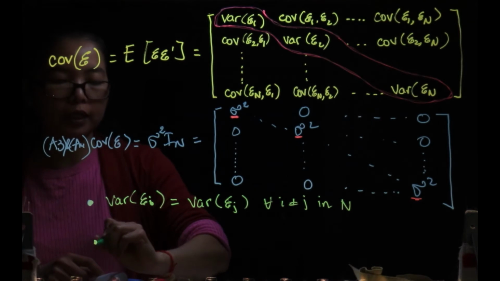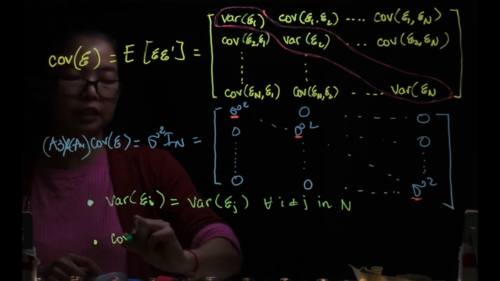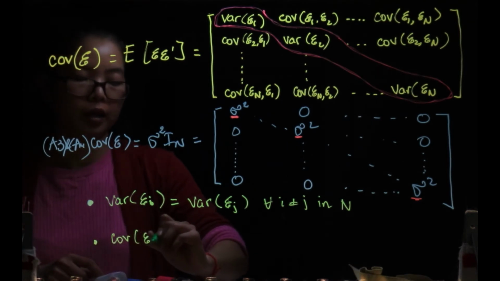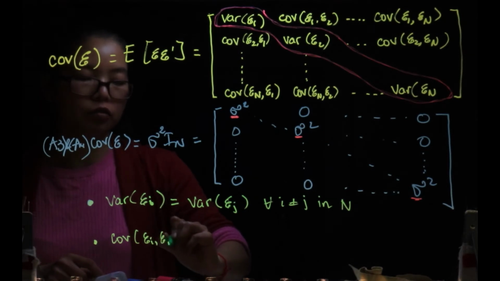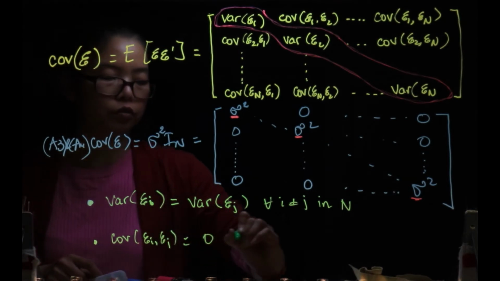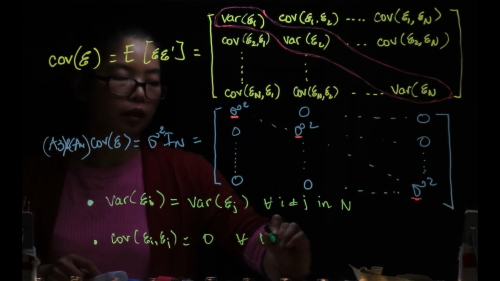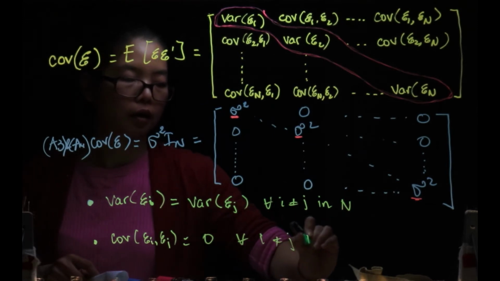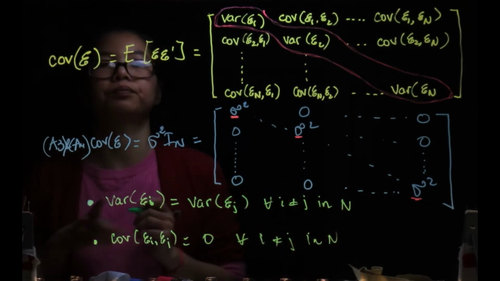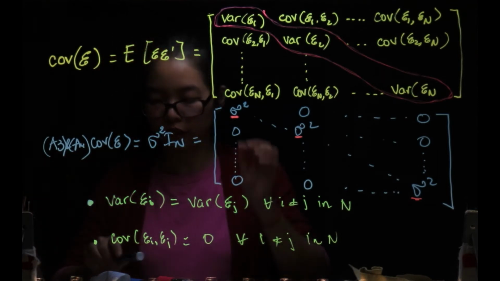And the second one is the covariance of epsilon i and epsilon j equal to 0 for all i different from j. So that's the Gauss Markov assumption.